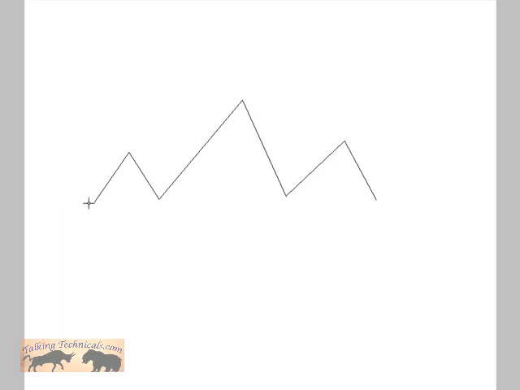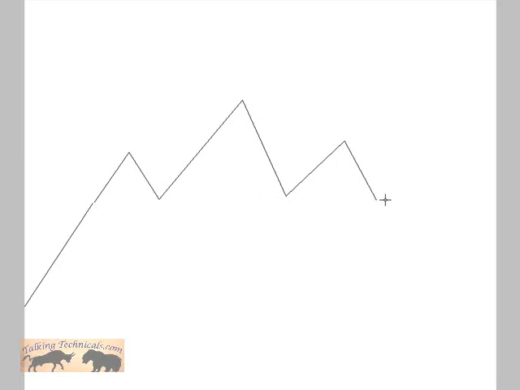where you have an initial move after a long run higher. You have a move that reverses, and then it goes a little higher than that last reversal. It comes back down to what's called the neckline at the bottom here.